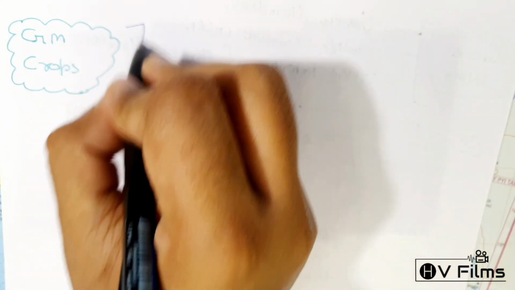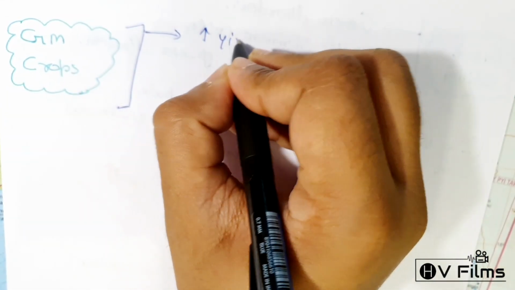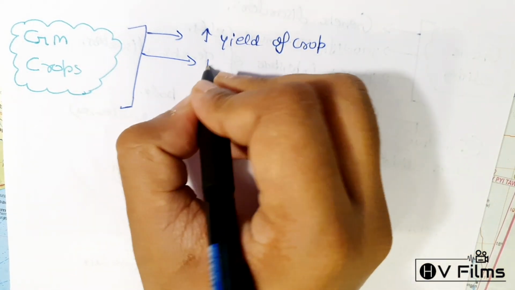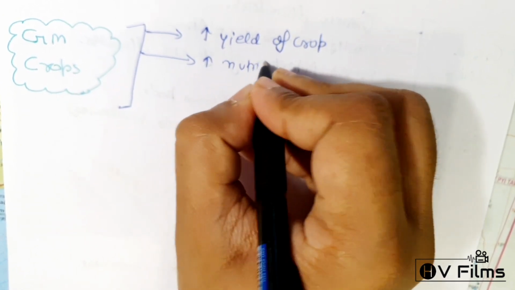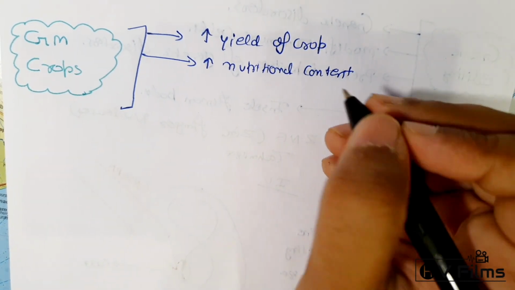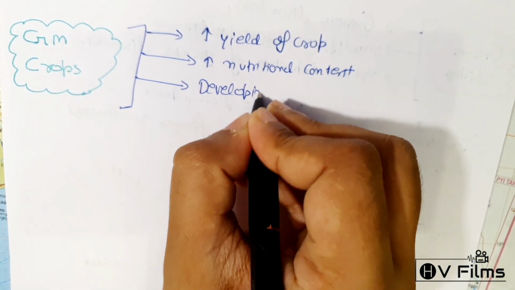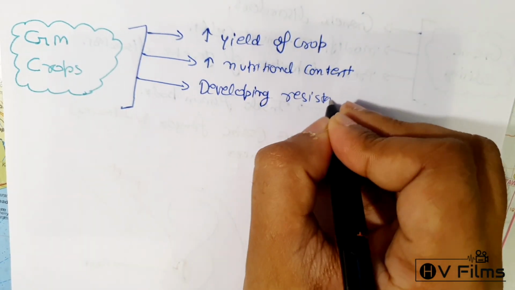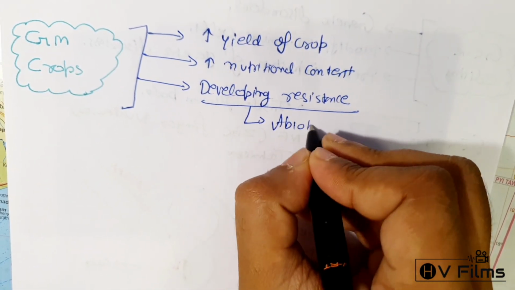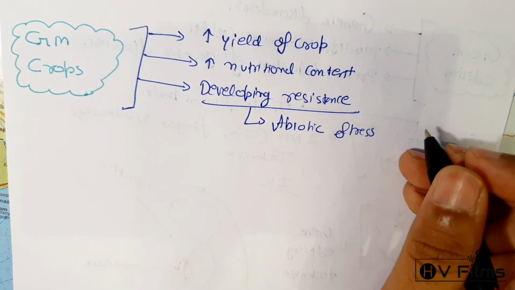These properties can be increasing the yield of the crop, or increasing the nutritional content, or developing resistance to abiotic stress, which can be temperature, salinity, herbicide resistance.